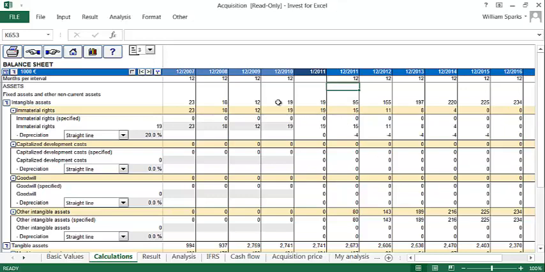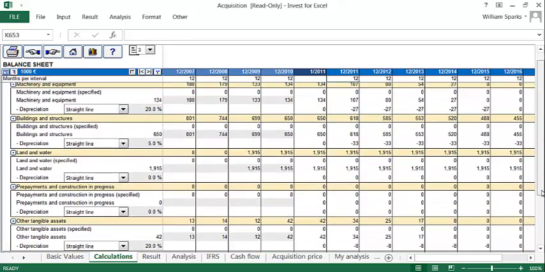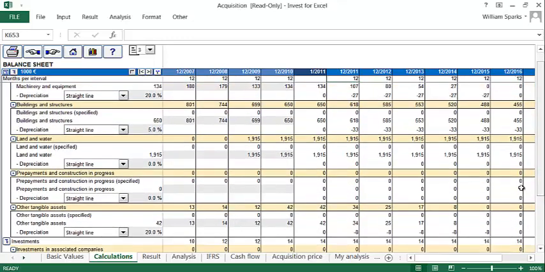So you see now that 4 years backwards the book values of immaterial rights have been entered, and if you go down, there are some tangible assets. Yeah, there is machinery and equipment, buildings and structures, land and water, and so on. So these were the historical book values.